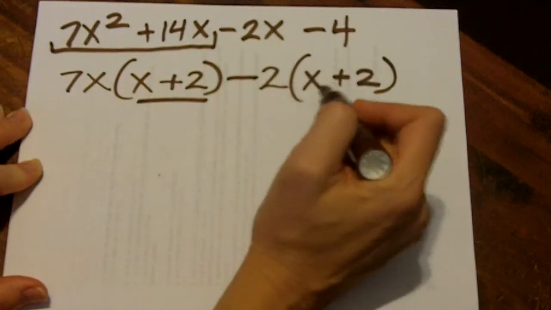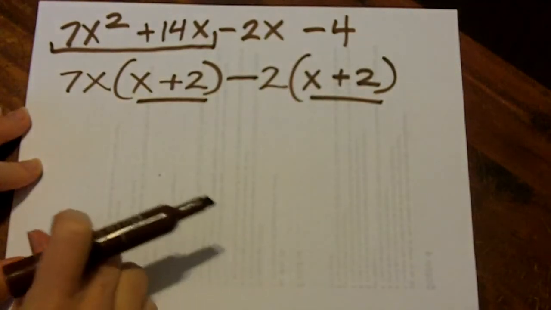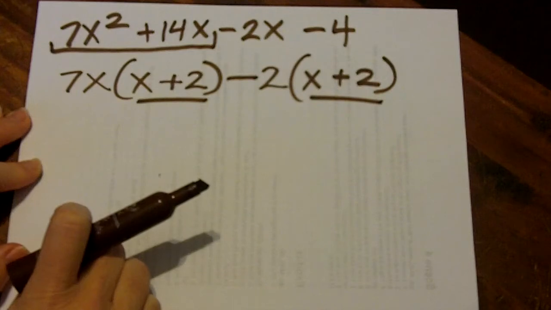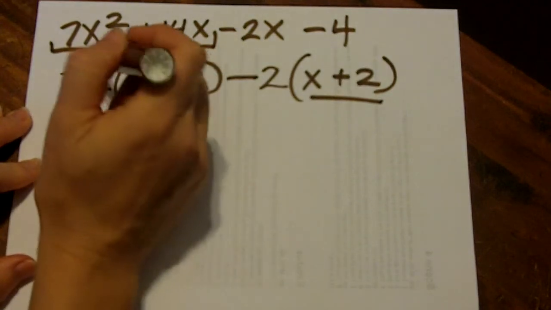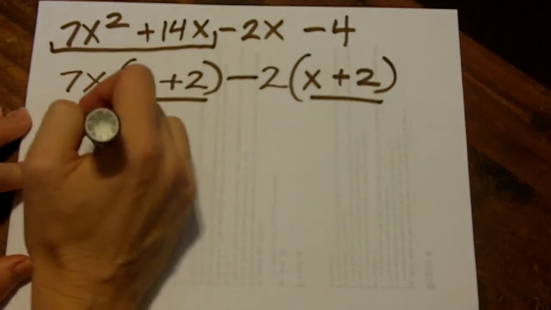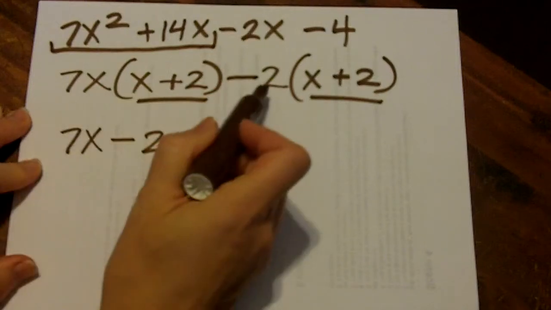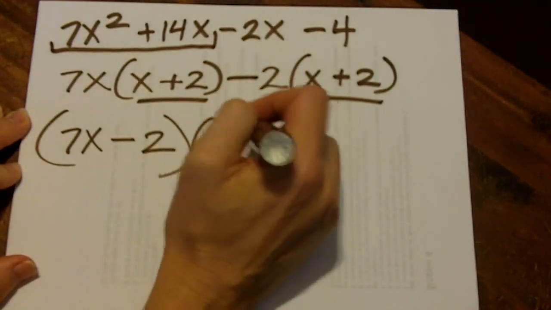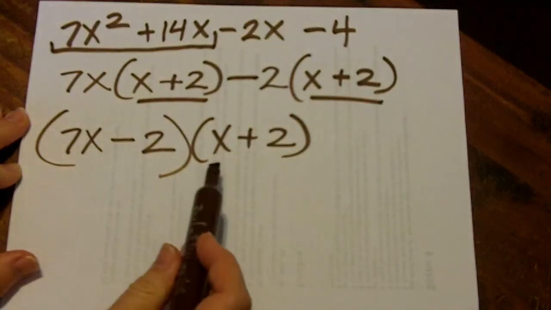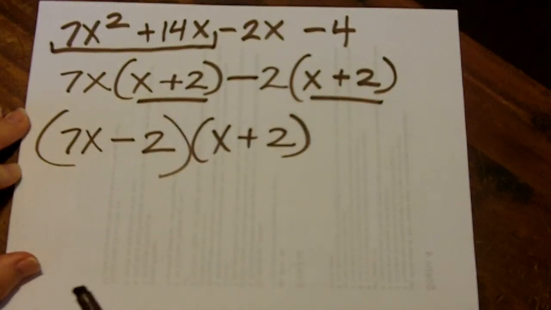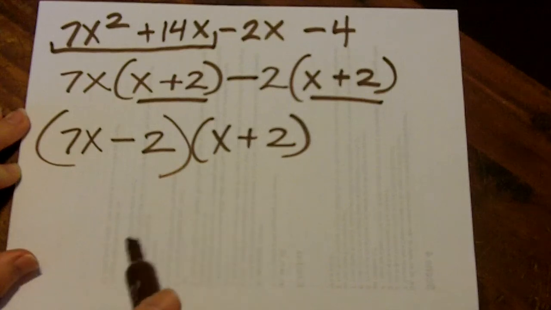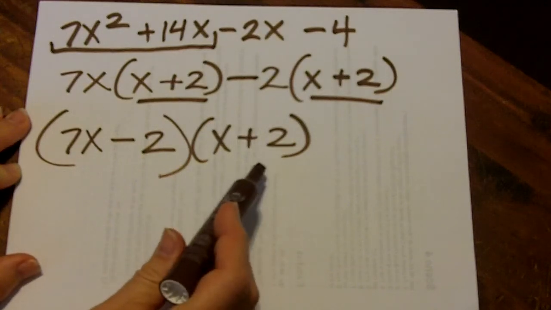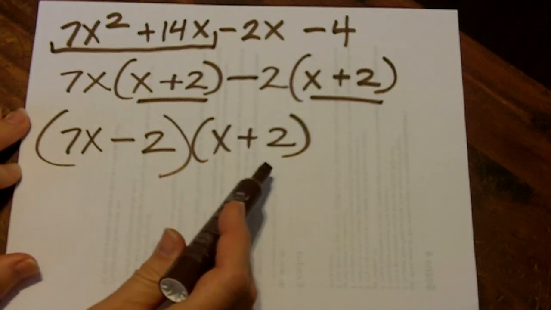Now you can see again that the group that I get in parentheses is equal to each other. So I just take my GCFs that I've gotten, 7x minus 2, I put that in parentheses, and then I use the second set of parentheses because they match, and I just put that there. And I end up with 7x minus 2 times x plus 2.